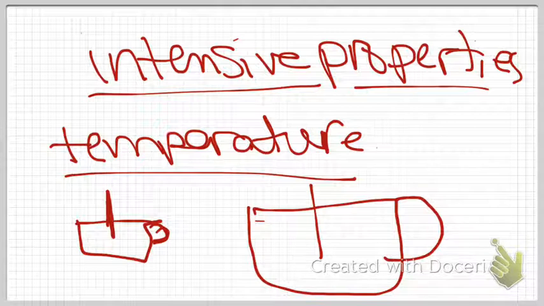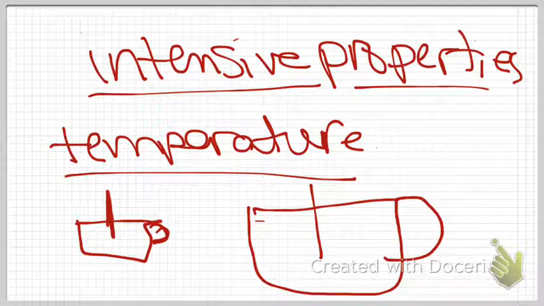Intensive properties are like that. Things like temperature, color, whether it's a solid, a liquid, or a gas. It doesn't matter if you have a tiny little teaspoon of ice or a huge big chunk of ice, it's still going to be a solid. These are intensive properties. Now, extensive properties, the amount of the matter that you have certainly matters.